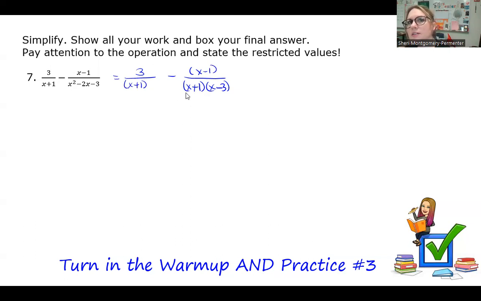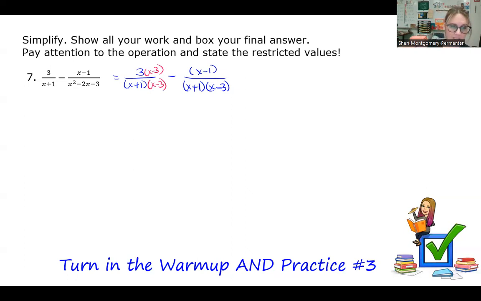Okay, so are the denominators the same? Sort of, almost. We could get them to the same, but this one is missing the x minus 3 part, so I got to put this on here. We got to multiply by x minus 3.